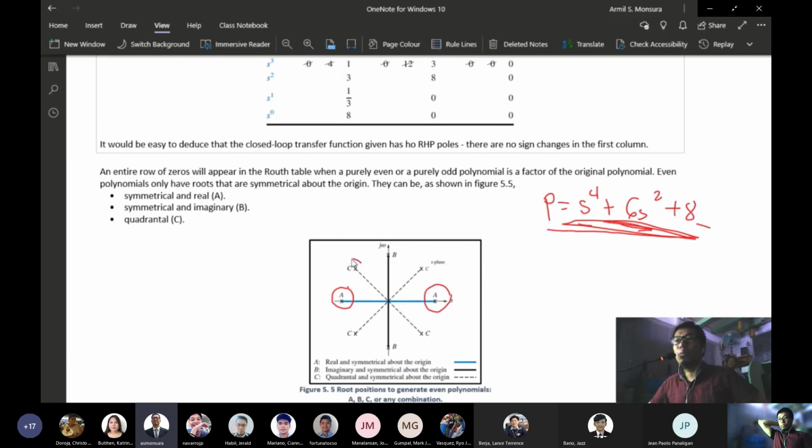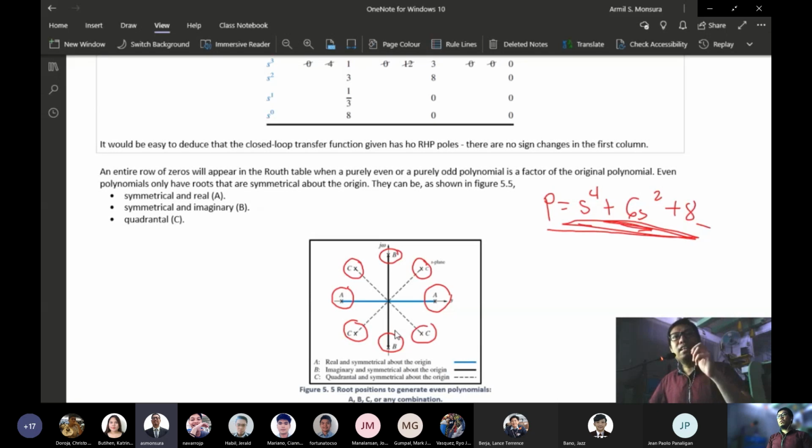O kaya, kung meron siyang complex pole dito at saka dito, automatic na meron siyang asymmetrical dun sa kabilang side. Okay? Or, kung meron siyang pole dito sa j omega axis, magkakaroon siya ng counterpart dun sa ilalim. Kasi nga, symmetrical siya. Okay? So, even polynomial gives rise to symmetrical poles o symmetrical roots.